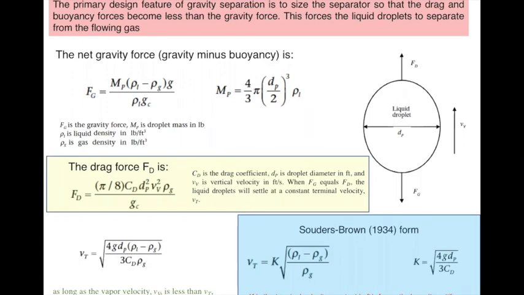So the terminal velocity Vt should be greater than the velocity of the gas, and only then will you be able to separate the gas and liquid in the disengagement section. I will show you the disengagement section in the figure later. But here you try to understand this, right? So Vv should be less than the vertical terminal velocity, and once this is true, you are able to separate the liquid from the gas. Otherwise, the liquid will be carried away with the gas, and it is difficult to separate.